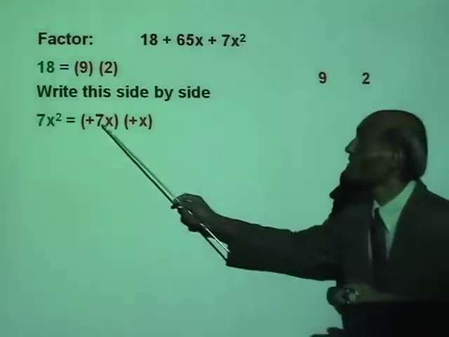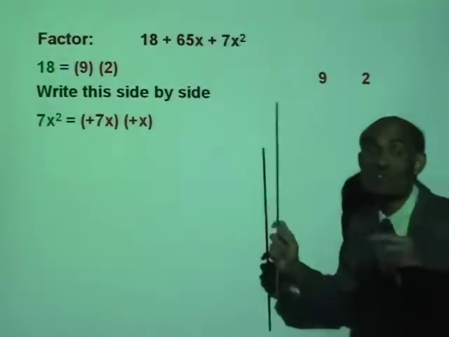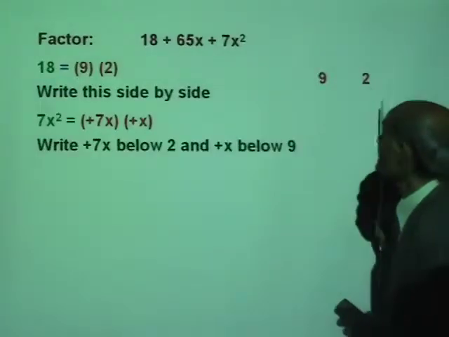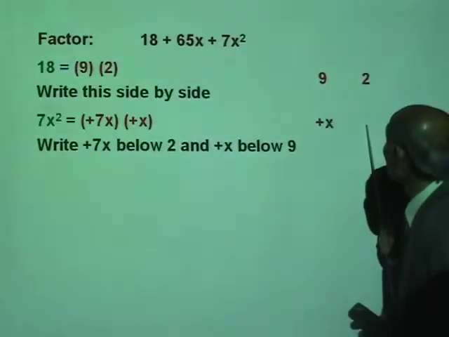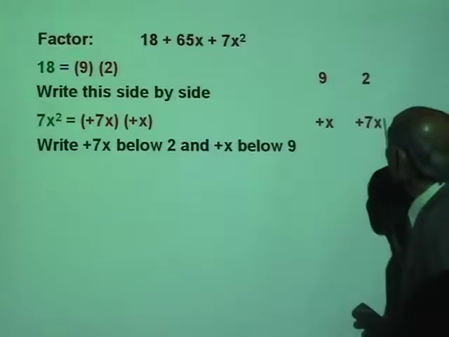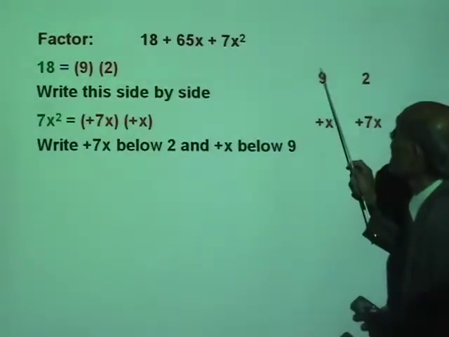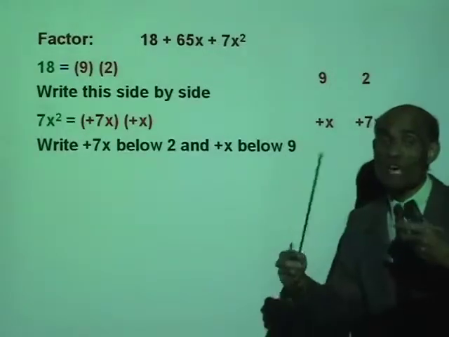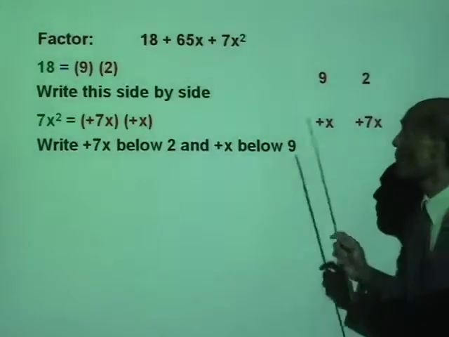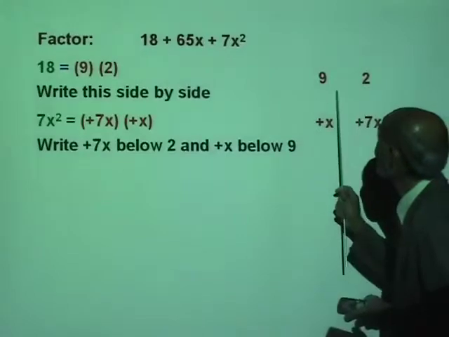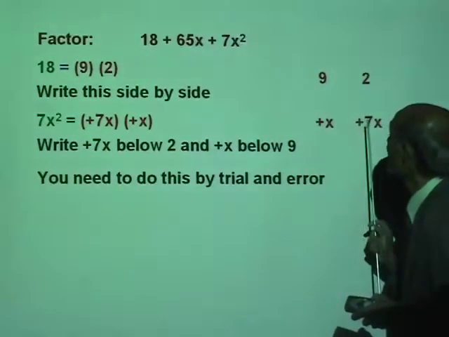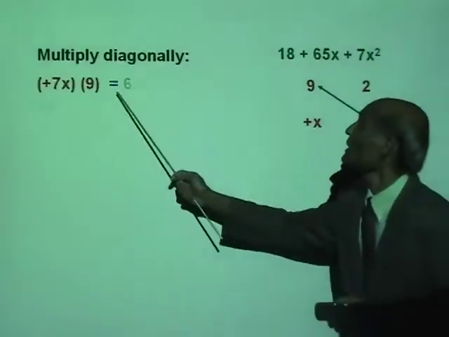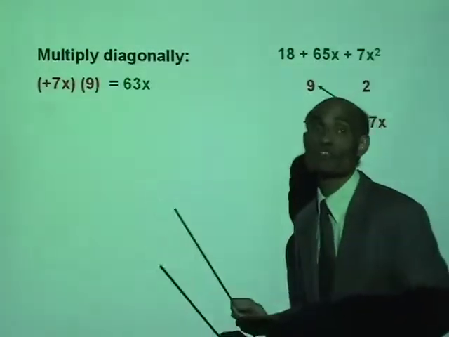We want the 7 to multiply with 9 to produce 63, a big number. So we write 7x below 2 and x below 9. I hope you understand the argument I am making here. Why? Multiplying 7x by 9 gives me 63x.